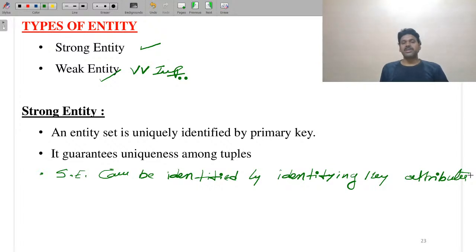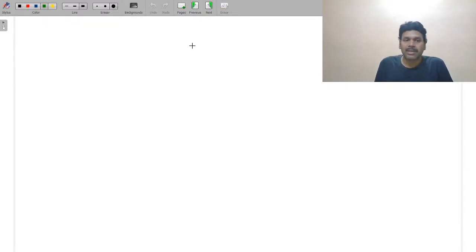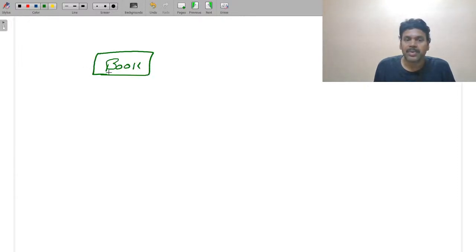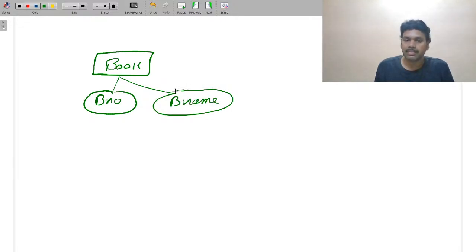So what is the advantage of this strong entity? The advantage is that it guarantees uniqueness. Let me show you one example. This is your strong entity, the book table. Book is an instance which consists of book number and book name. Now observe carefully.